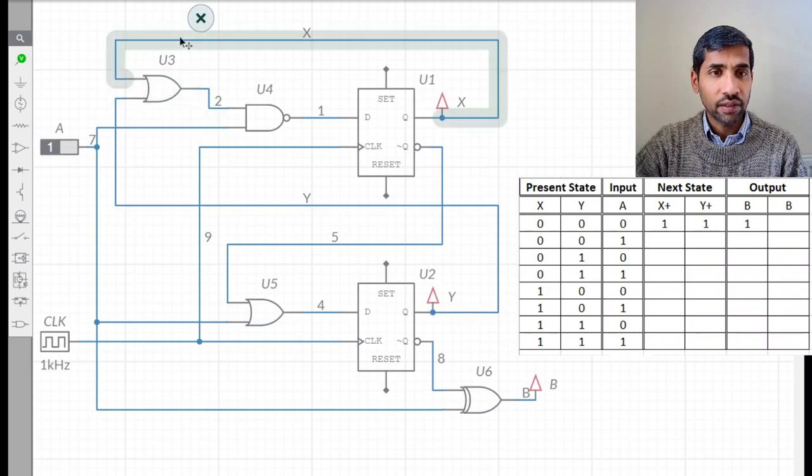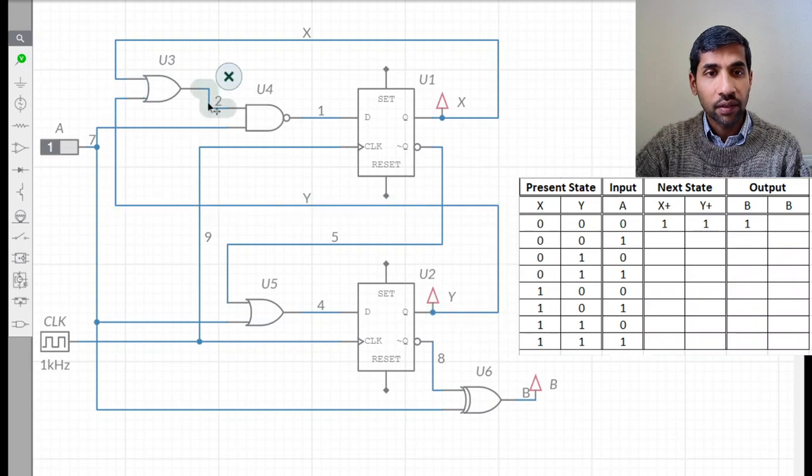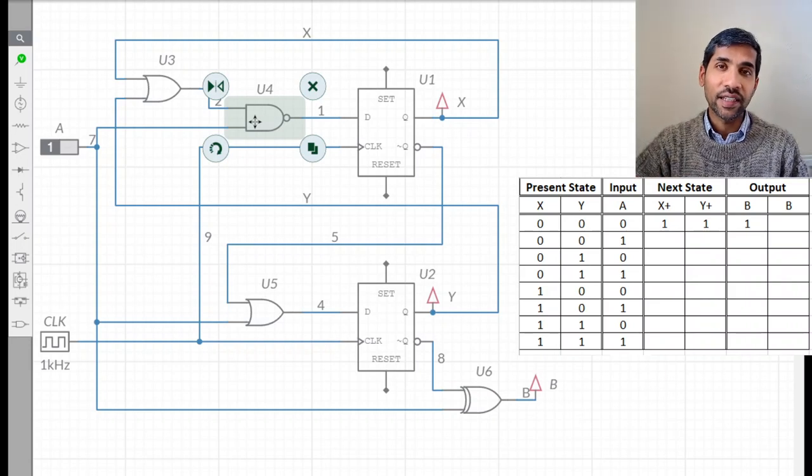The inputs are 0 and 0. So this is going to be 0 here. Now if this is 0, you know that the output is going to be 1 because this is a NAND gate. If one of the inputs of the NAND gate is 0, you get 1 at the output. So X plus is going to be 1.